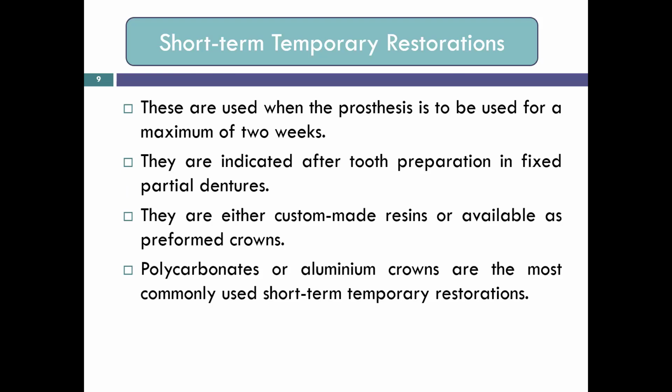Short-term temporary restorations are used when the prosthesis is to be used for a maximum of 2 weeks. They are indicated after tooth preparation in fixed partial denture. They are either custom-made resin or available as preformed crowns. Polycarbonate or aluminum crowns are most commonly used for short-term restoration.